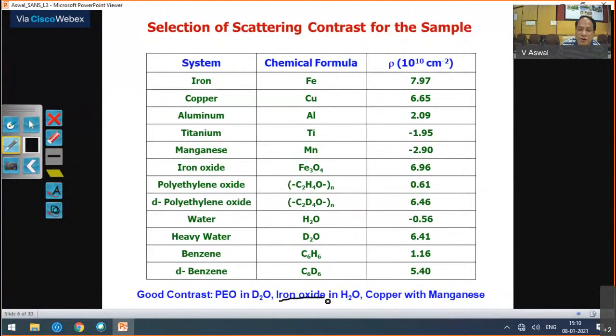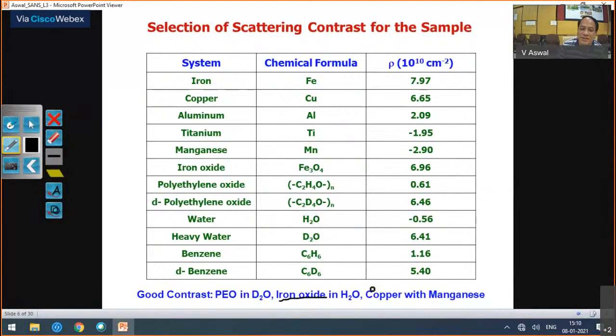Same thing for iron oxide. Iron oxide will have a scattering length density close to that of iron, so around 7. So if you prepare it in H2O, then you have a very good contrast, but not in D2O, because then D2O is close to that of iron or iron oxide.